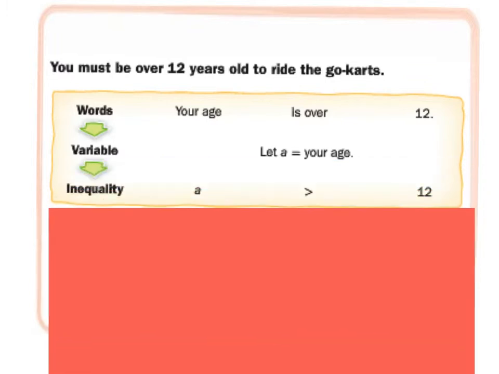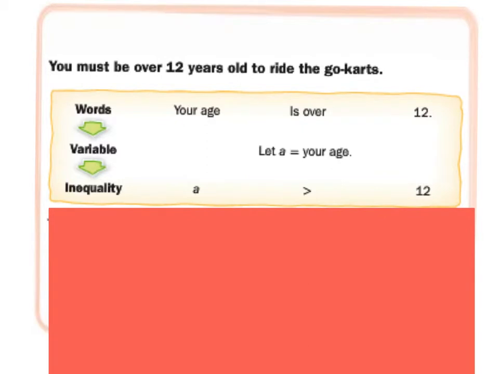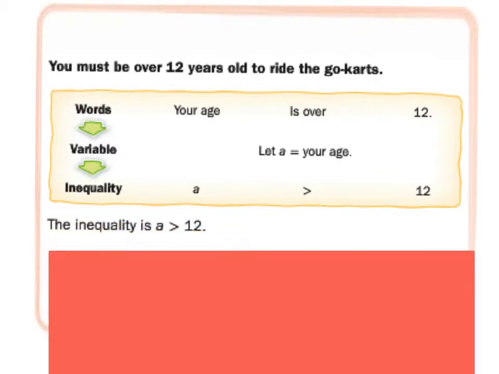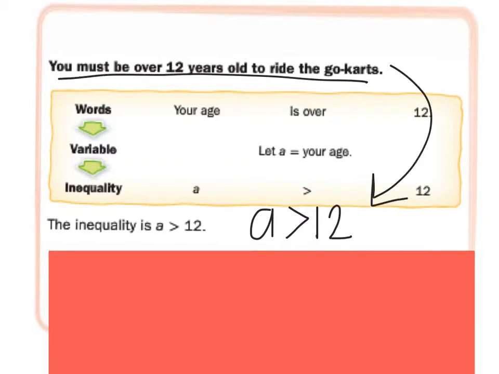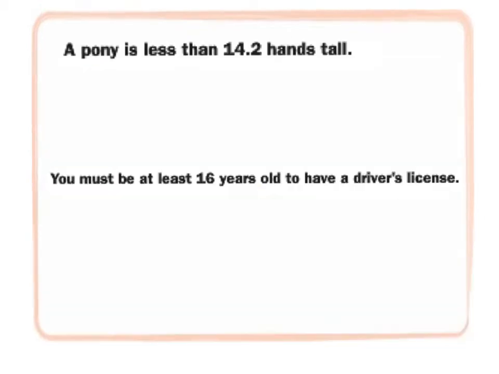The inequality would be a for age is over, or greater than, 12. Okay, so you see how we went from words to an inequality. That's going to be your goal, to write an inequality.